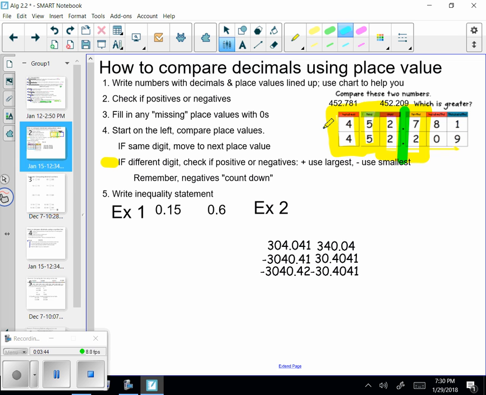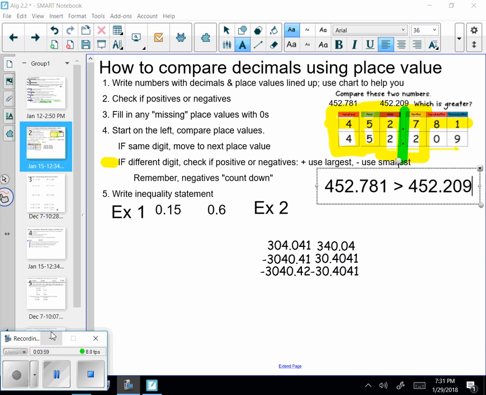This number on top, 452 and 781 thousandths, is the largest. I now write my inequality. Notice 452 and 781 thousandths is greater than 452 and 209 thousandths.